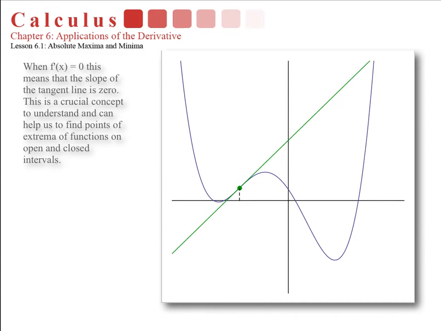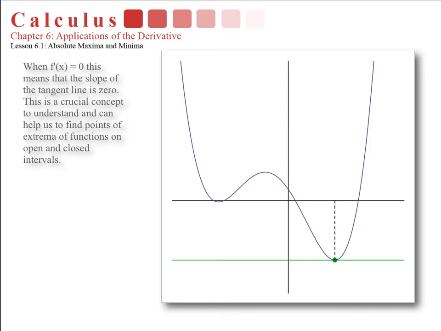I continue along, and then the tangent line slope becomes 0 again, and so when the tangent line slope is 0, I have either a relative maximum or an absolute maximum. Continue again, and then we achieve the slope of the tangent line 0, and this indicates either a relative minimum or an absolute minimum.